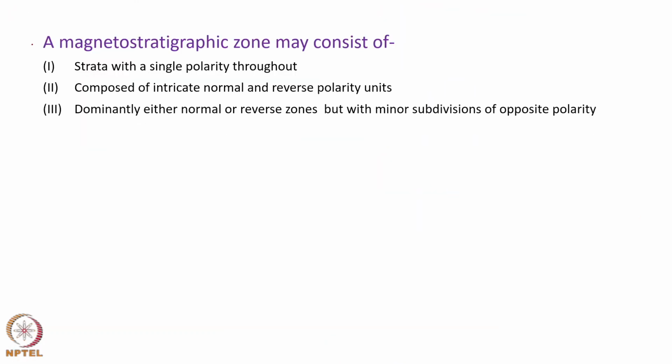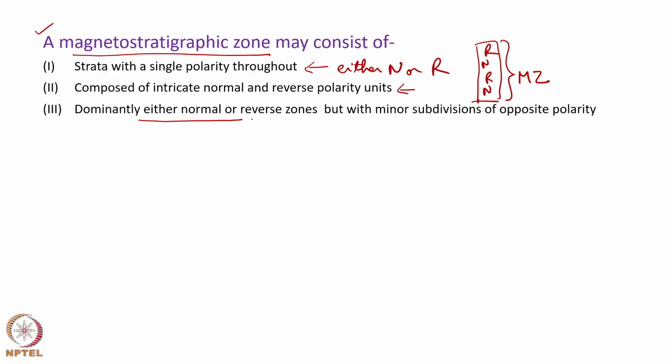A magnetostratigraphic zone may consist of strata with a single polarity throughout, either normal or reverse. It can consist of intricate normal and reverse polarity units, NR. This kind of variation can also define a magnetostratigraphic zone, or dominantly either normal or dominantly reverse zones, but with minor subdivisions of opposite polarity.